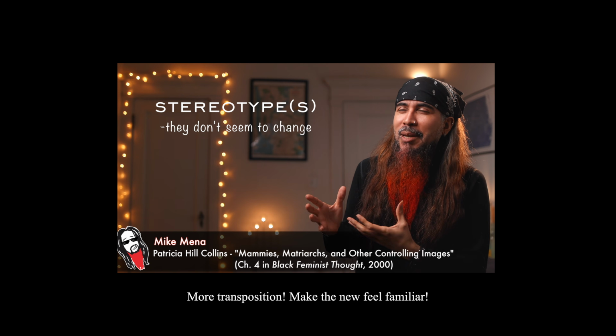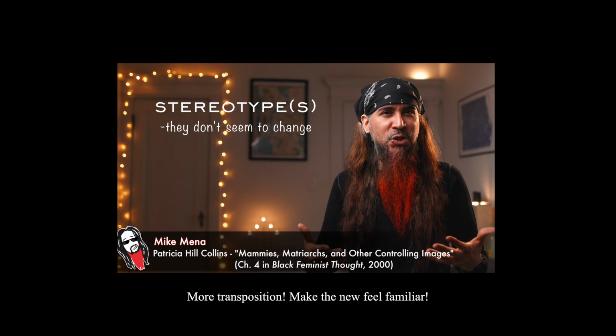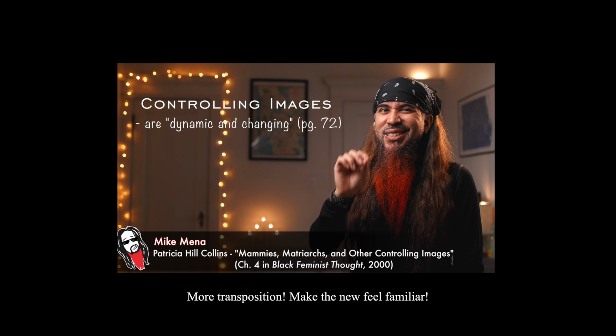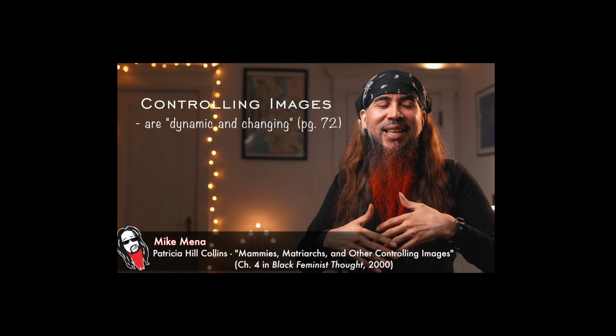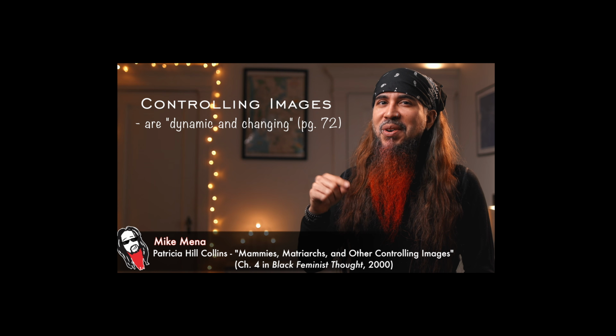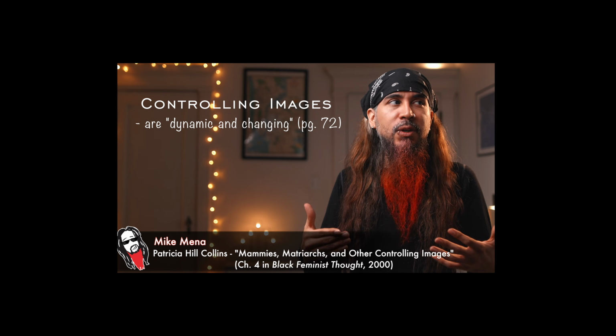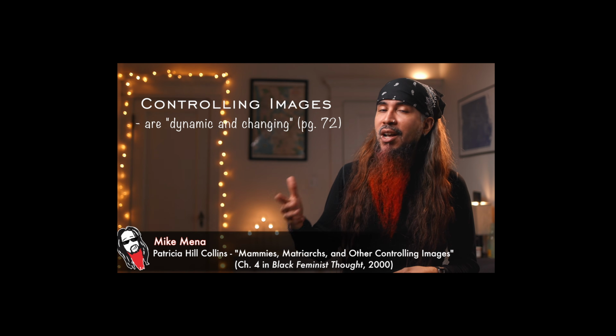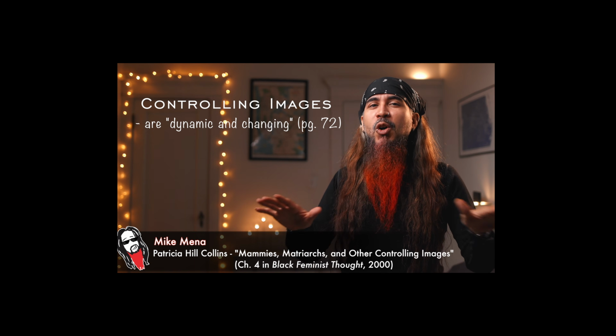Another difference from stereotypes might be that stereotypes don't ever really seem to change, while controlling images are dynamic and changing, meaning that controlling images become what they need to be to reproduce white supremacy, or misogyny, or poverty, or any mode of domination.